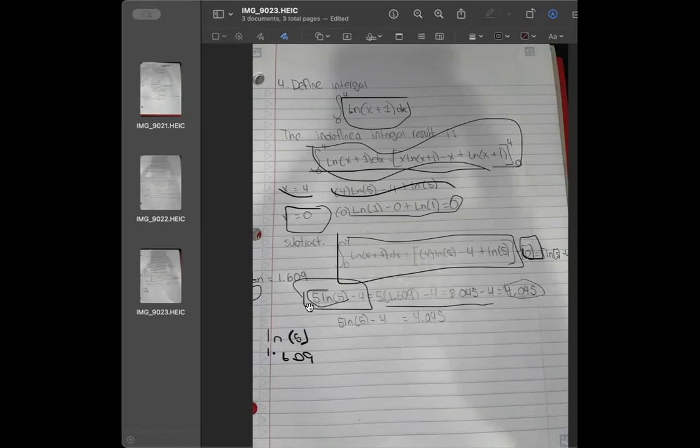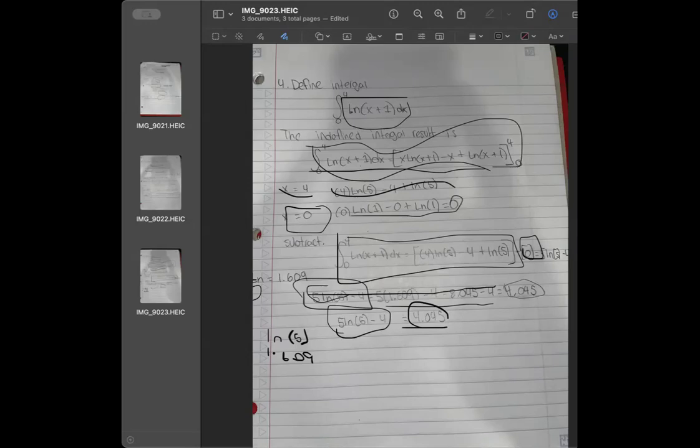And so when we're subtracting and simplifying everything, we ended up getting this right here, which is approximately 4.045. And that's going to be the area under the curve, where the function is concave down, if I'm not mistaken.